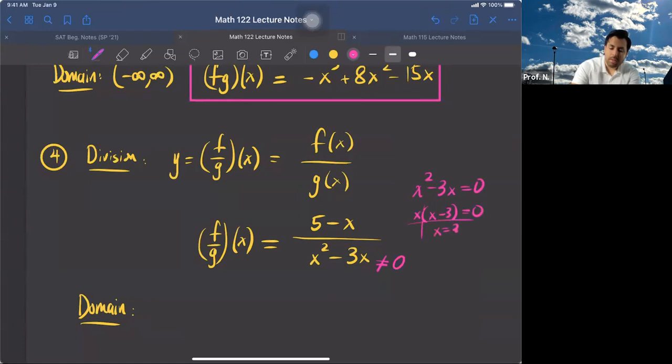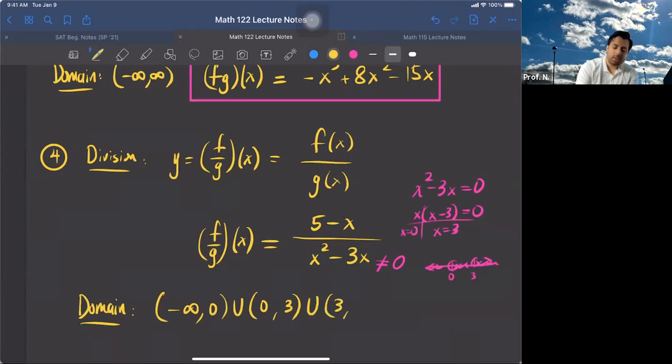You get x equals 3 and x equals 0. Those are the bad points. If we put this on the number line, at 0 and at 3, I exclude them, but I shade everything else. We've done this already. So this would be negative infinity to 0, union 0 to 3, union 3 to infinity.